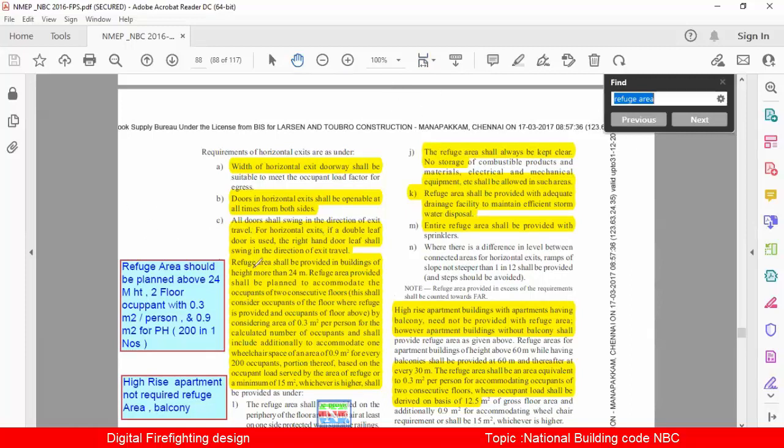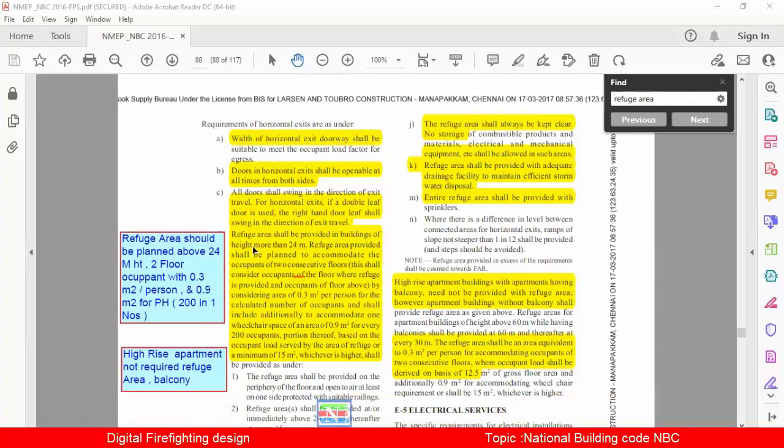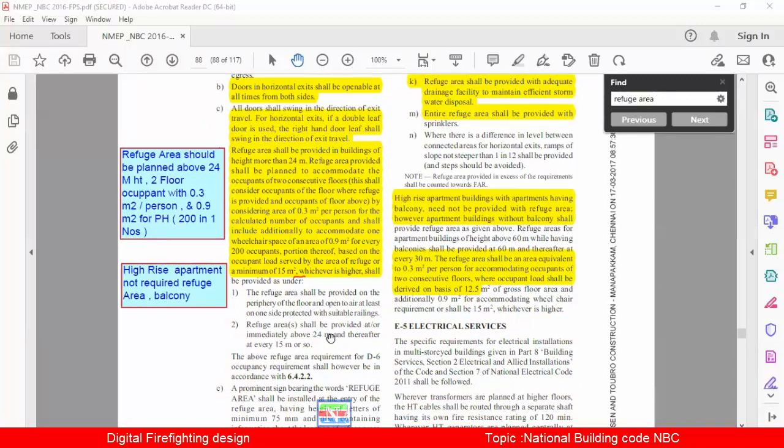See, clearly it is written: refuge area shall be provided in buildings of height more than 24 meter. Planned to accommodate the occupants of 2 consecutive floors. Somewhere it is written after every 15 meter or so. You can go through all the details. It is highlighted. Refuge area shall be provided immediately above 24 meter and thereafter every 15 meter or so.